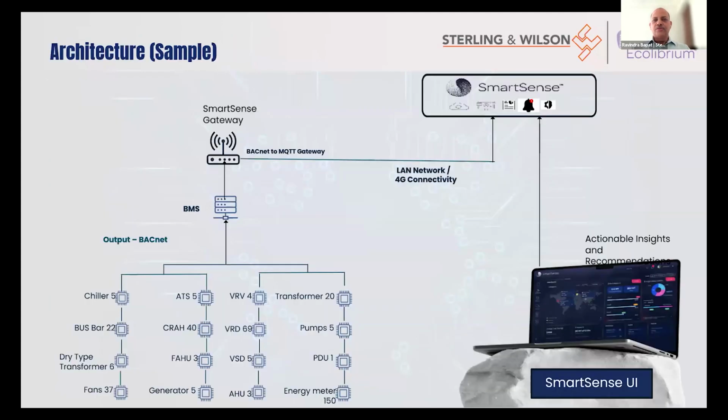And how this Smart Sense works is, it is sitting on top of your systems, like IoT devices or a BMS system, and through an MQTT gateway, it is collecting the data. Obviously, the model has been trained on a particular data set, also on a data center. It compares that and studies those particular sites.